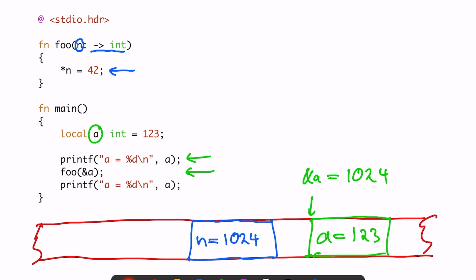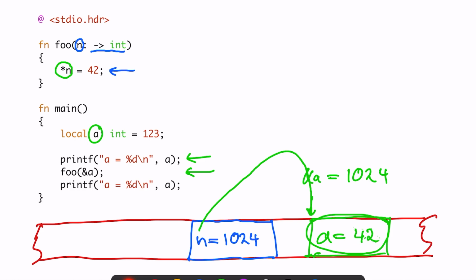So actually I should use here a notation which is more consistent. n is pointing to variable a. That means asterisk n refers to this memory location. And into this memory location we are now writing 42. So let's erase 123 and we now assign 42 to this memory location.